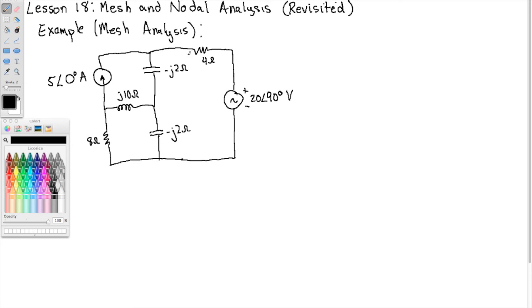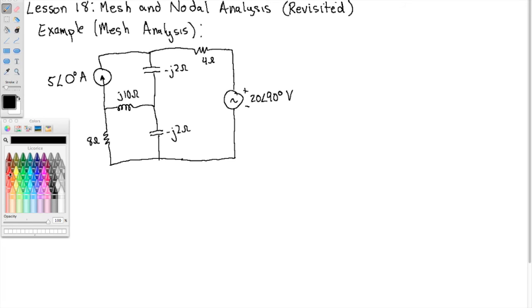So we're going to solve for all of the branch currents and all of the node voltages, and we're going to do this using mesh analysis first. And perhaps we'll go back and do it using nodal analysis.